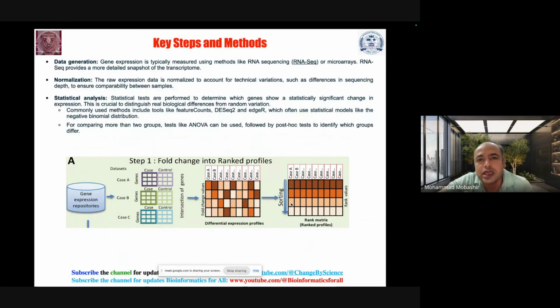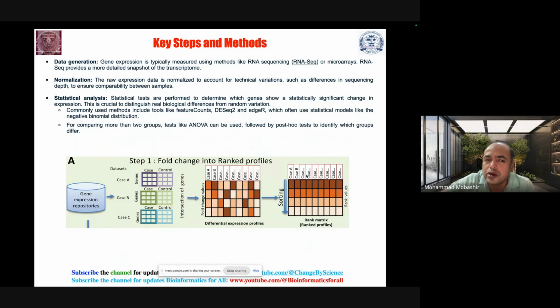Now, the key steps and methods behind differentially expressed gene prediction are, first, data collection and integration. Gene expression is typically measured using methods like RNA sequencing and microarrays, and RNA sequencing provides more detailed snapshots of the transcriptome.